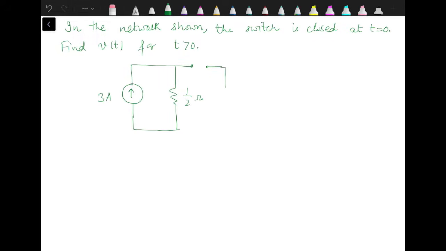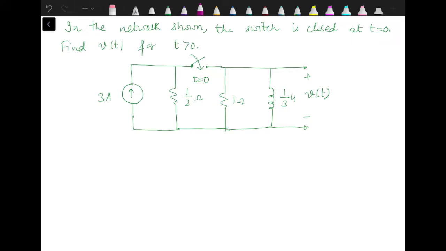Here we have a switch, 1 ohm, then an inductor of 1 by 3 Henry, and between these two terminals voltage is Vt, and this switch is closed at t equal to 0. So question is to calculate the voltage Vt, which is actually voltage across the inductor terminals. So how can we find out Vt?